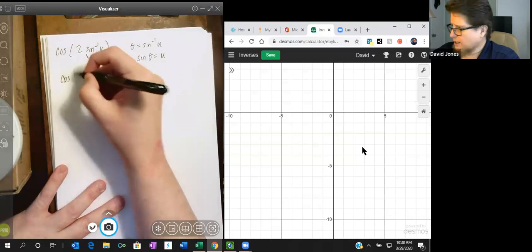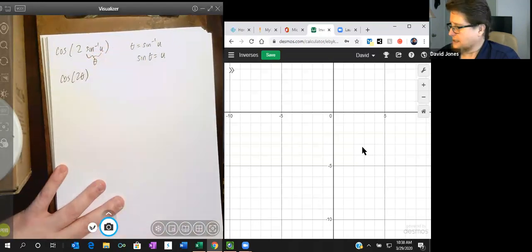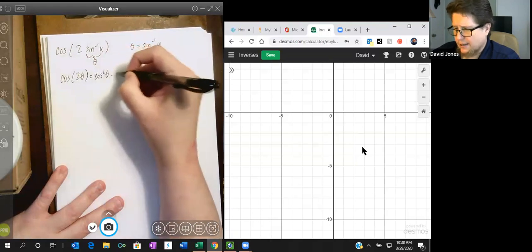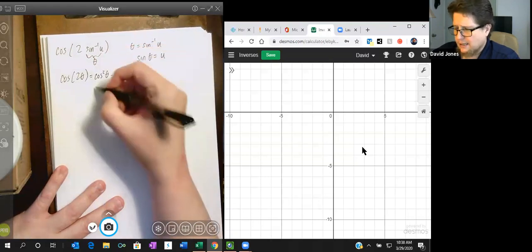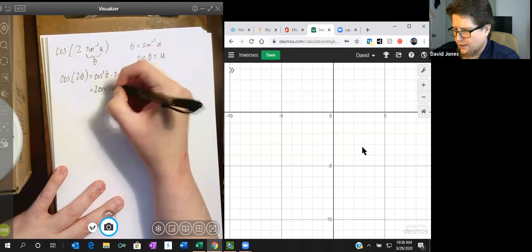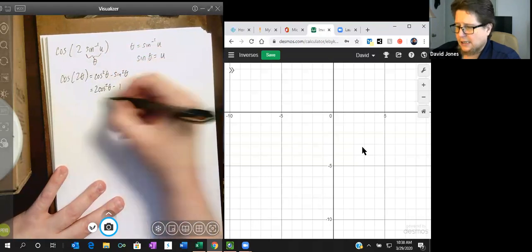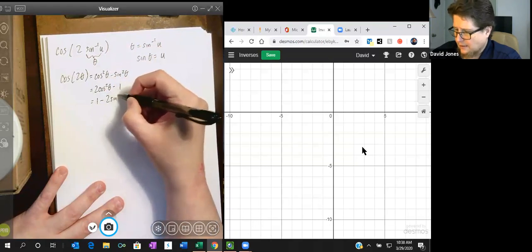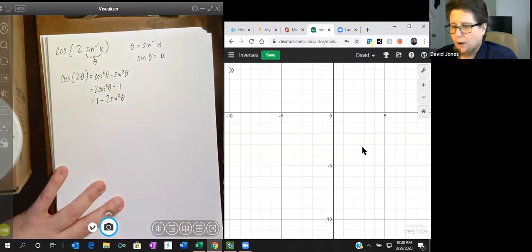So I've got cosine of 2 theta. That has a bunch of forms. We had cosine squared theta minus sine squared theta. We had 2 cosine squared theta minus 1. And we had 1 minus 2 sine squared theta. One of these is easier than the other two.